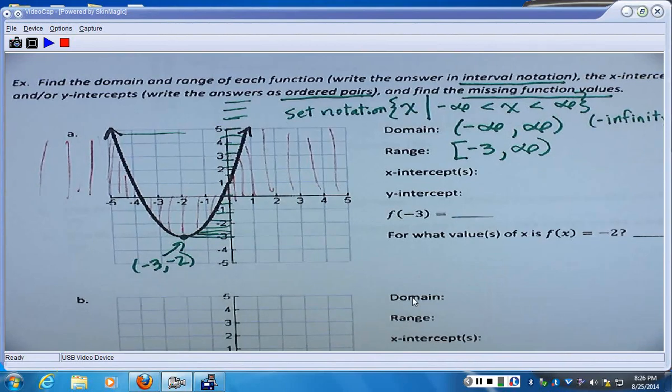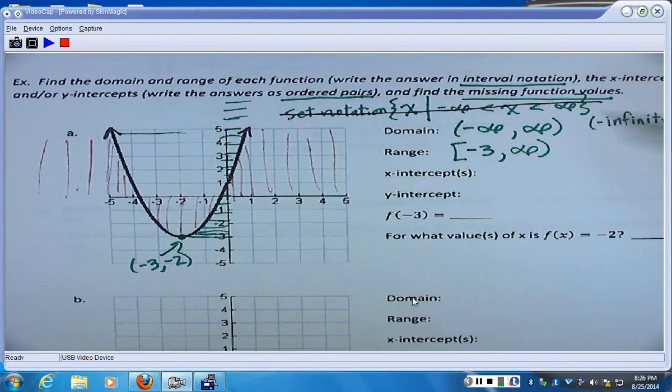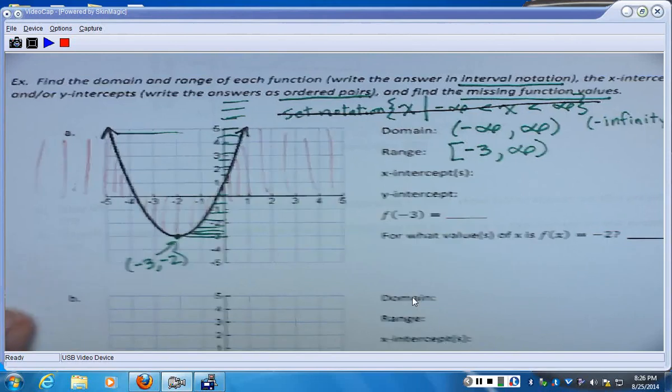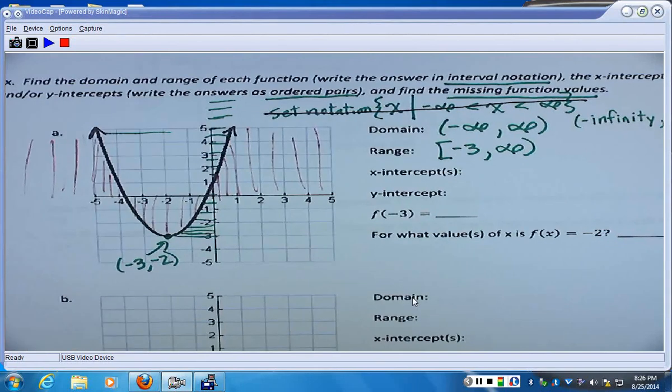You don't need to write this in set notation. So that's how you can find the domain and range. Does that make sense?